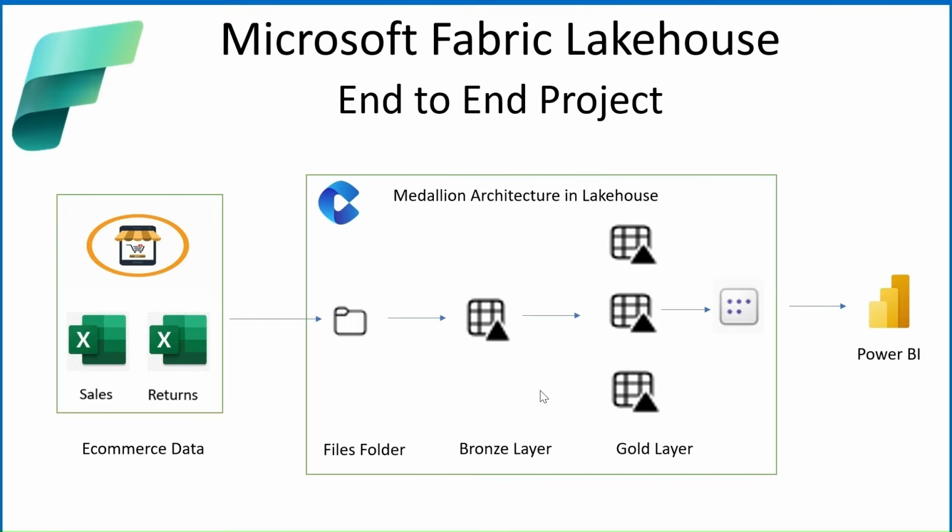In this video, I'll explain how you can build an end-to-end solution using Microsoft Fabric in Lakehouse. Here you can see I have e-commerce data which contains sales and return information, which means whenever you order something from an e-commerce website, that particular product has been either delivered to you or you may have exchanged it or returned it.